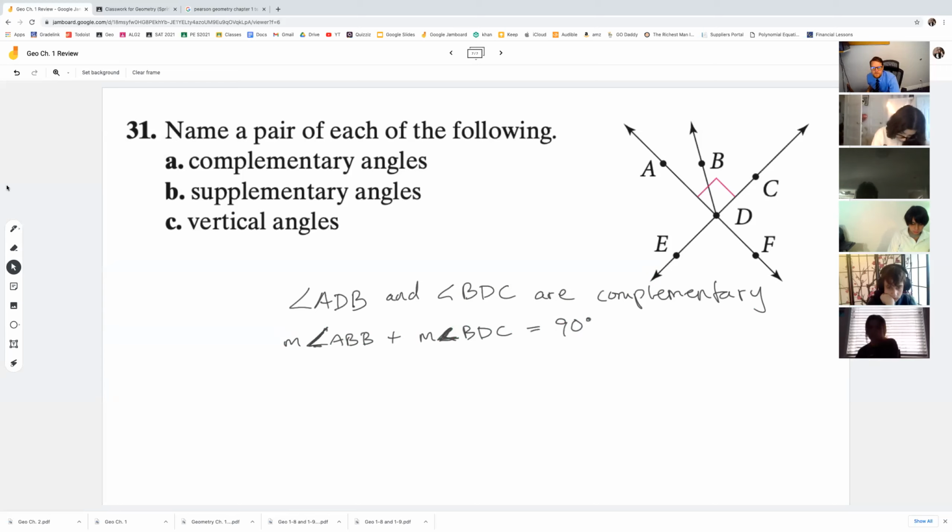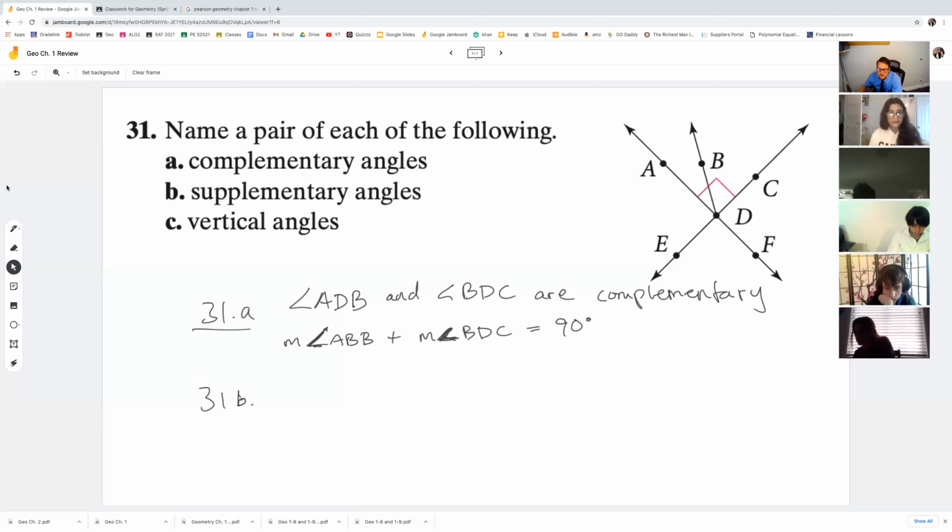Complementary means two angles together equal 90 degrees, and this little 90-degree sign tells you that. Supplementary angles would be like ADE and ADC.